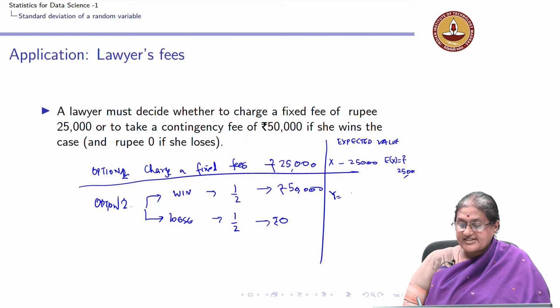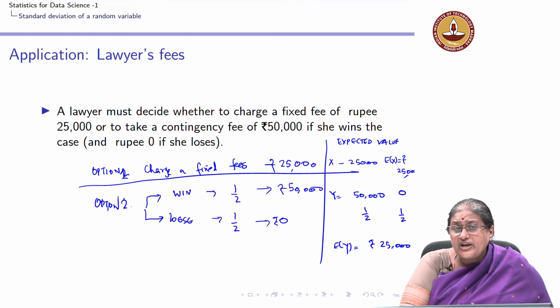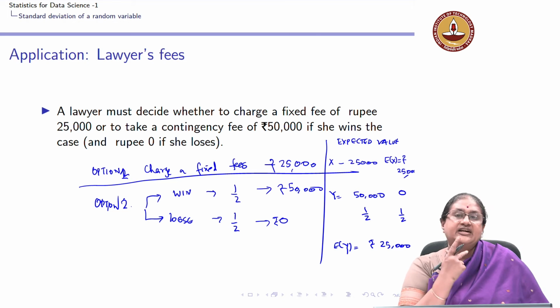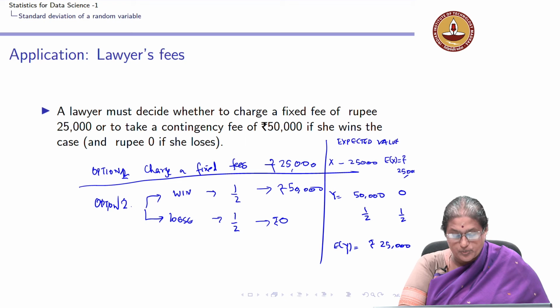Now, Y takes the value 50,000 with probability half, 0 with probability half. Expectation of Y is again rupees 25,000. So, if only expected value was of concern to me, then both the options return the same expected value, namely 25,000 rupees. But there is a risk.